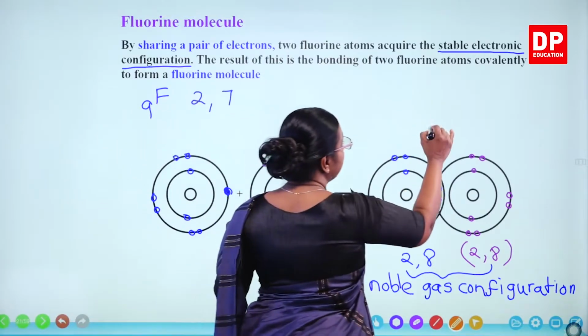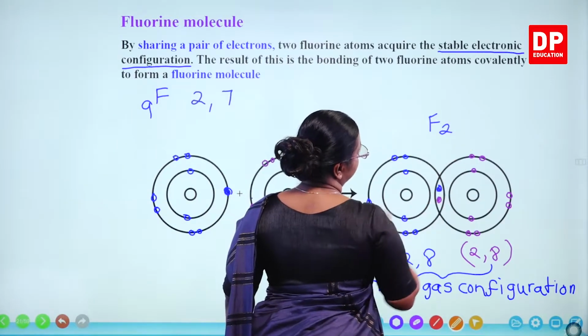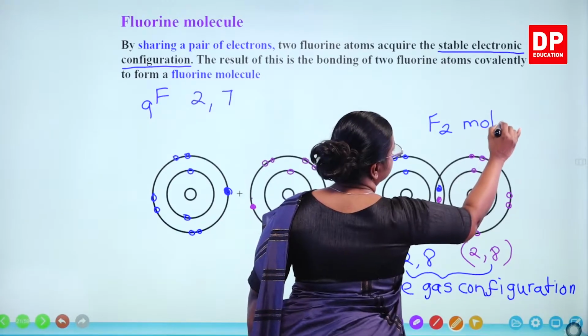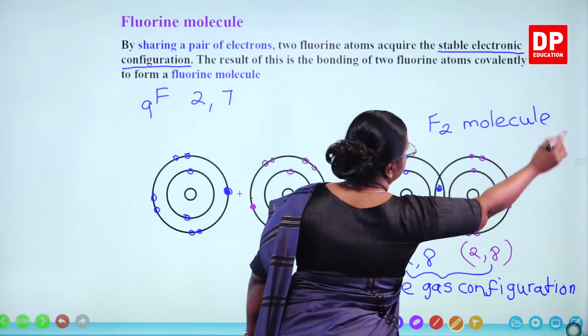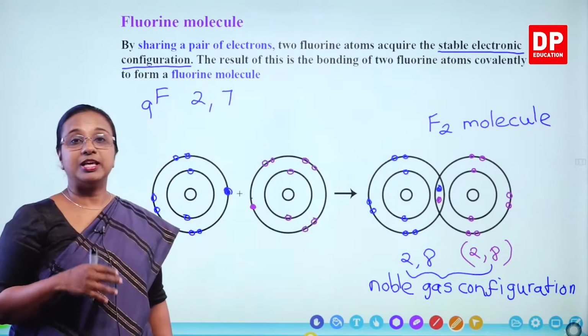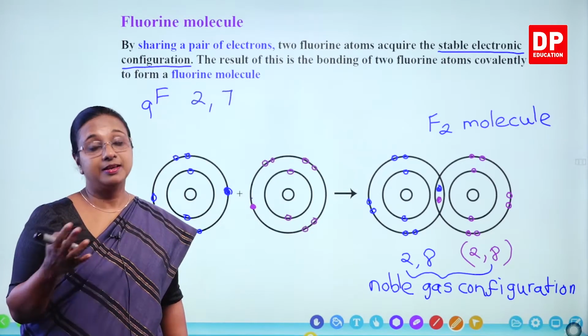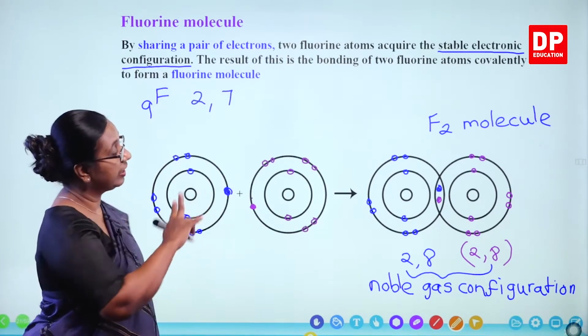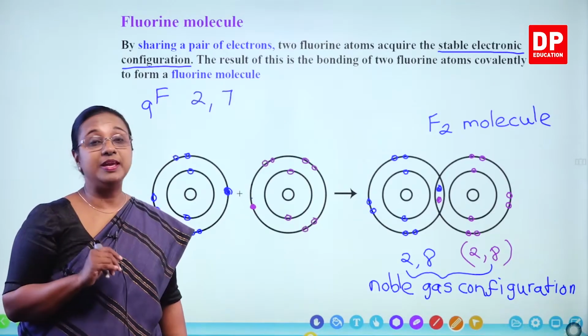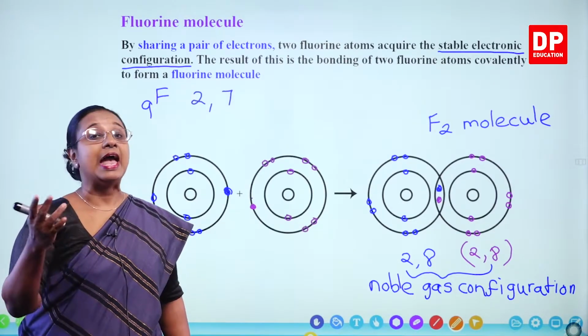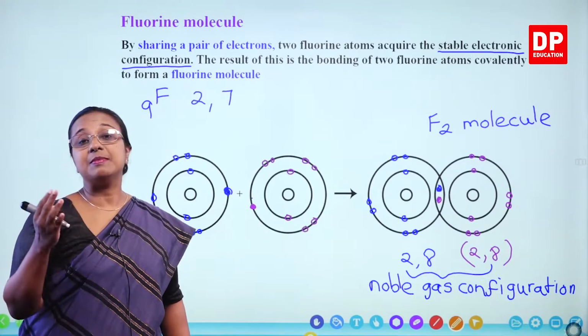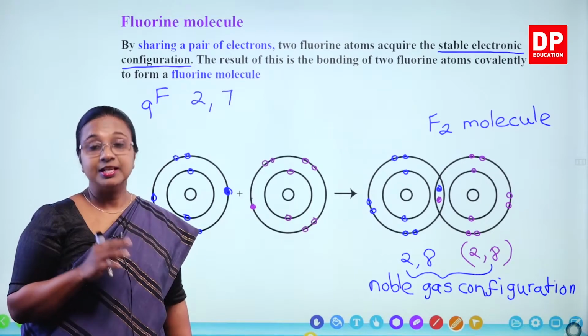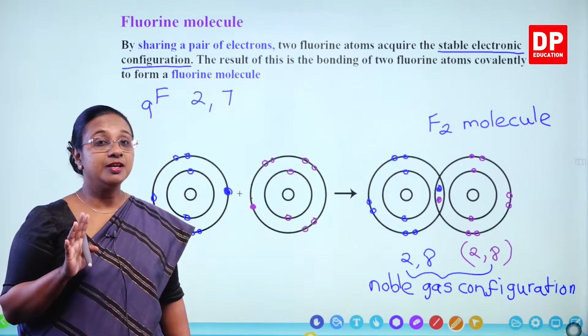So, this is F2 molecule. And so, you know F2 molecule is a diatomic gas. So, 2 fluorines combine forming a covalent bond and achieving the stable electronic configuration. Is that clear to you all?